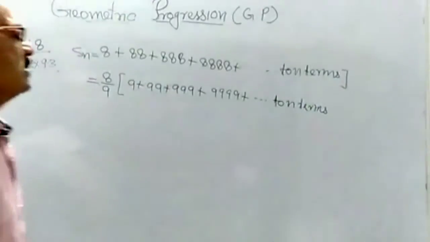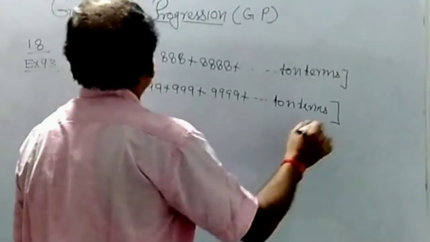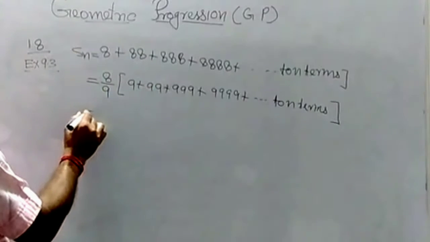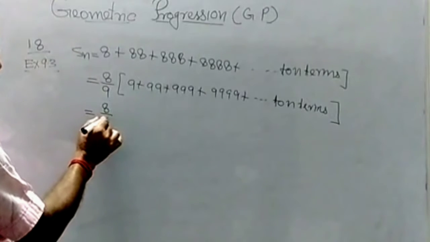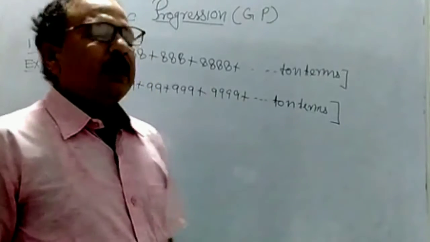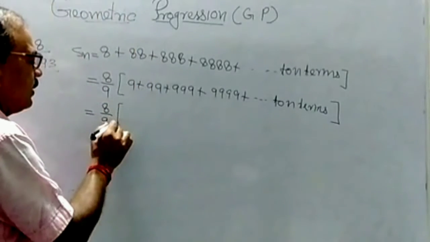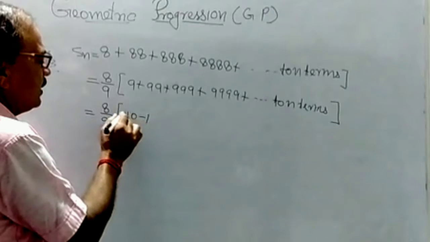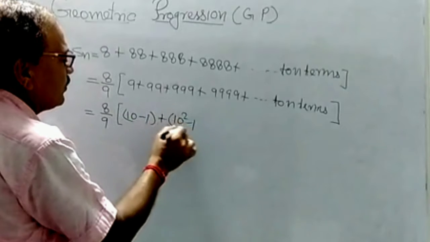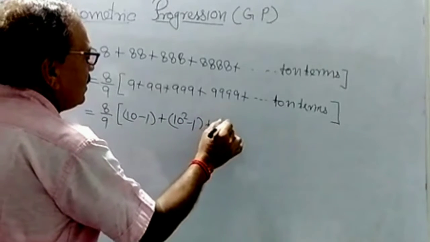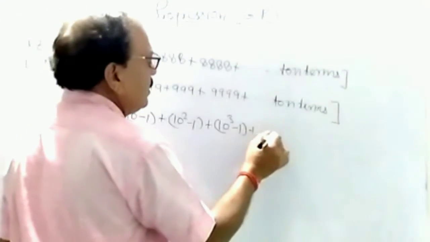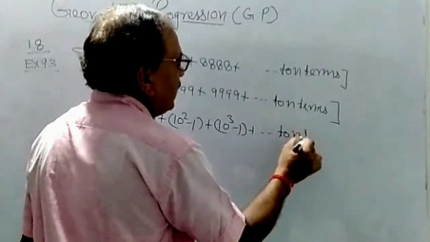Now in this, to find the sum, we can write 8 by 9 times, in place of 9, we can write 10 minus 1, plus 10 square minus 1, plus 10 cube minus 1 and so on to n terms.